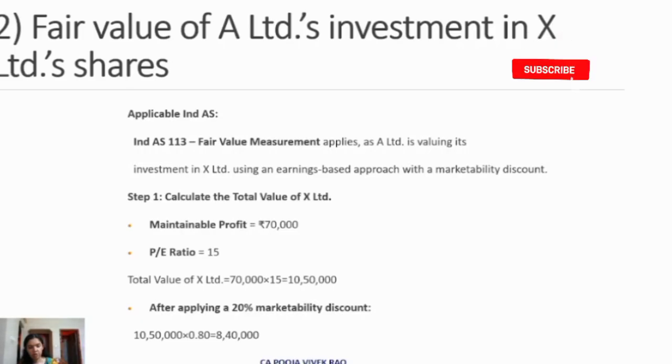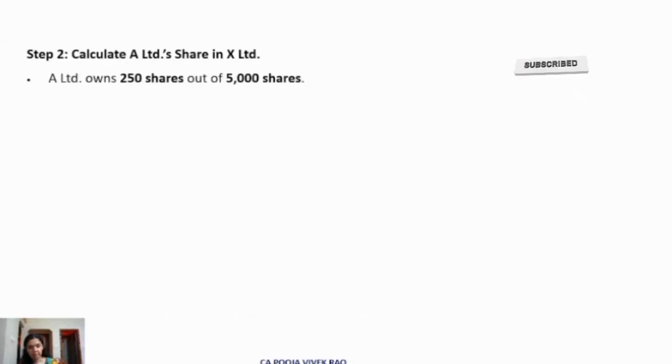Next, step number 2 is calculating the A Limited share in X Limited. A Limited owns 250 shares out of 5,000 shares. Here we'll have to compute the proportionate fair value. For 5,000 shares, the share value is 8,40,000.